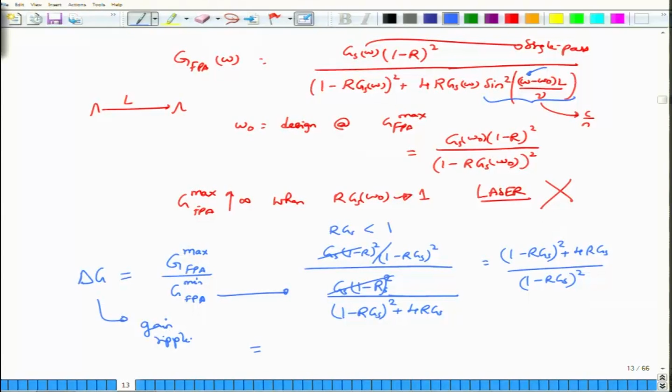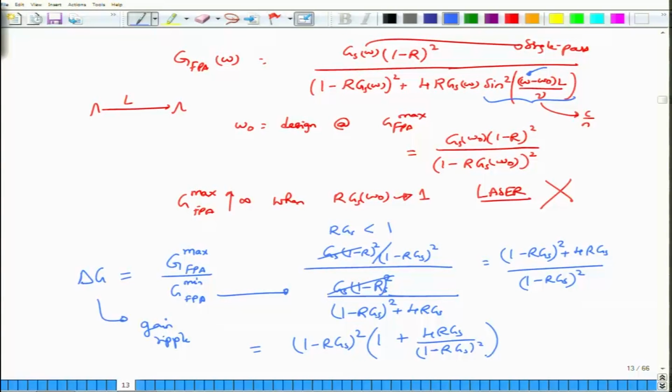Gain ripple means certain frequencies or bands will have a larger gain and certain bands will have a minimum gain. The difference between the maximum and minimum gain, usually in terms of the ratio, is about 1 plus 4 R G_s divided by (1 minus R G_s) whole square.